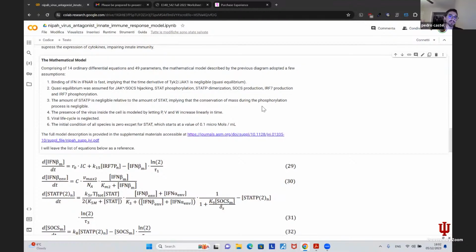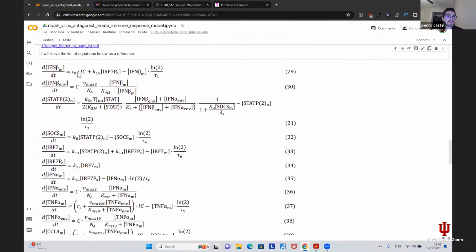So they let P, V, and W increase linearly in time as a way of saying your cell is now constantly producing P, V, and W because there is viral mRNA that encodes them. And for input parameters, the initial condition of all species is 0 except for STAT, which starts at 0.1 micromoles per milliliter.